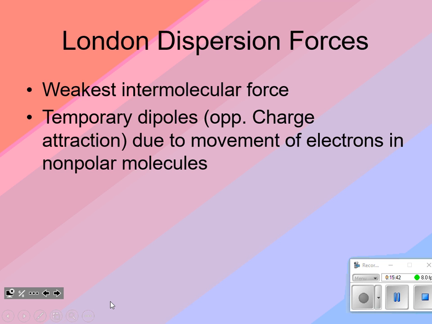So again, what I have for my second bullet point is, what is a dispersion force? It's a temporary dipole. And this definition is on page 2 of your 4-bond type packet. So there's still going to be opposite charges attracting each other. But those opposite charges do not last.